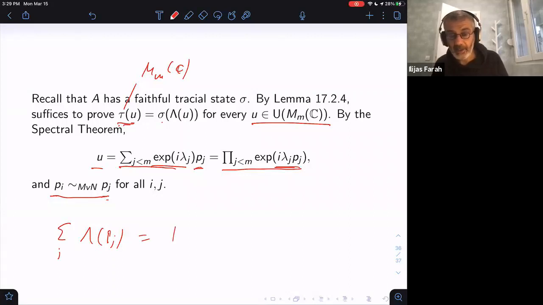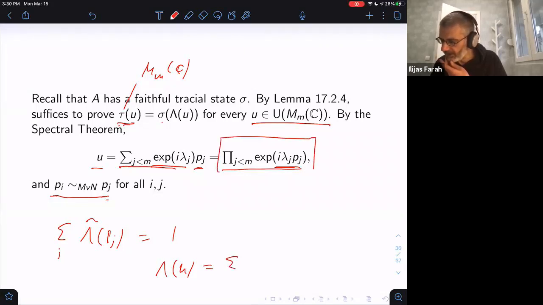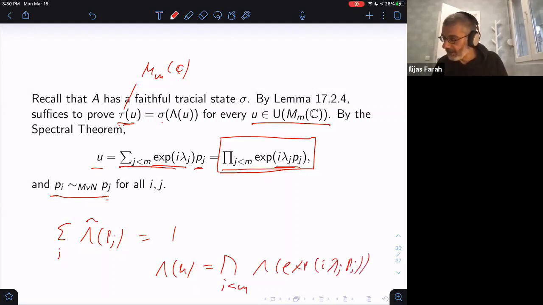And lambda of U, because lambda is a group homomorphism, is the product over j up to m of lambda of exp(iλ_j P_j), and these are going to be orthogonal rank 1 projections, and eigenvalues are the same.